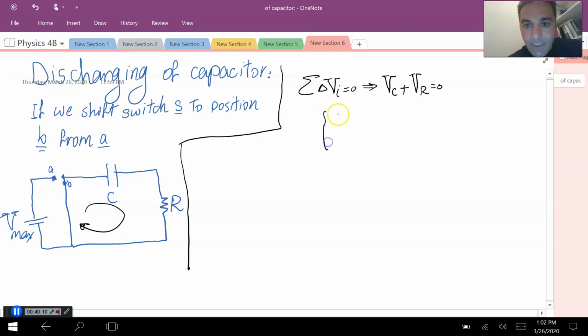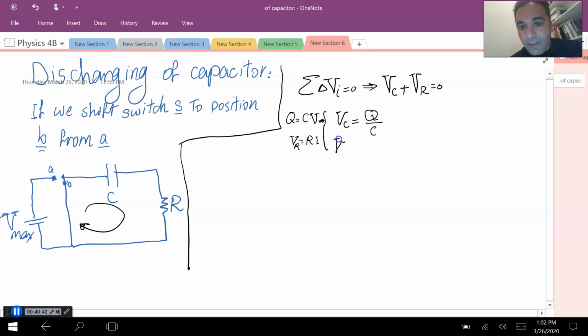And we know the voltage of the capacitor, using the equation Q equals CV, V is Q over C. And using Ohm's law, what is the voltage of the resistor?